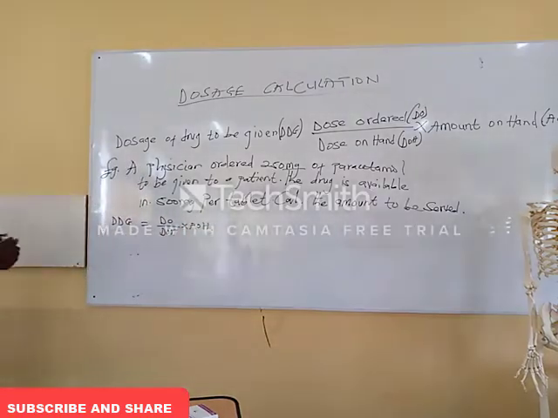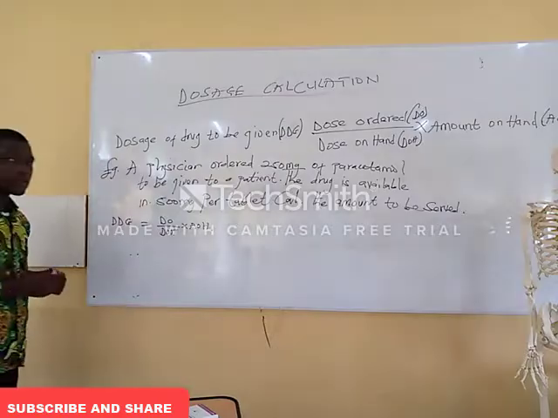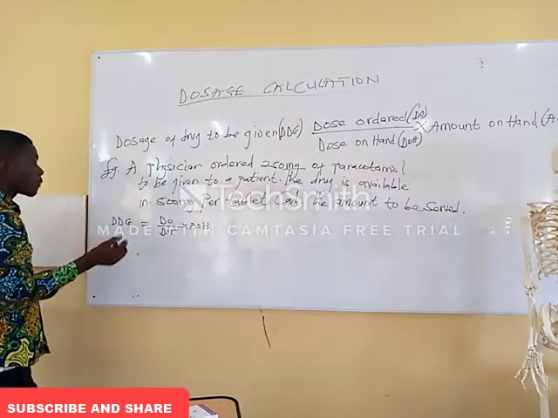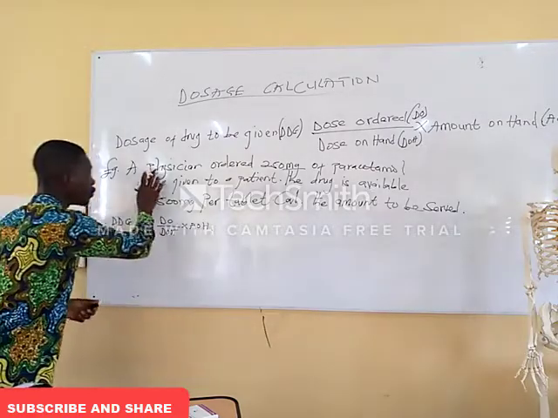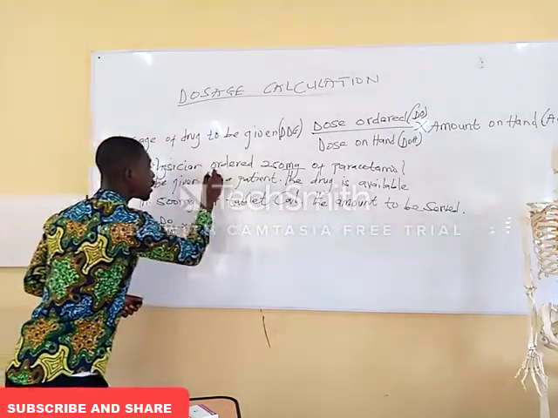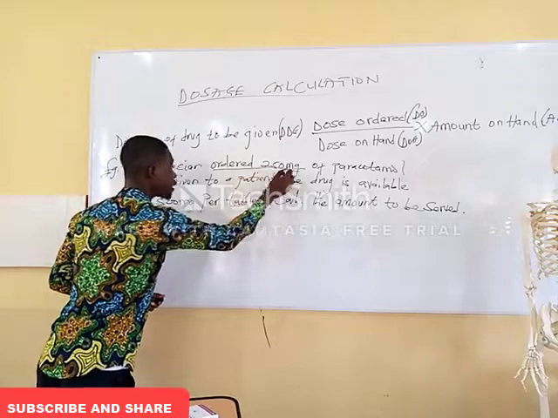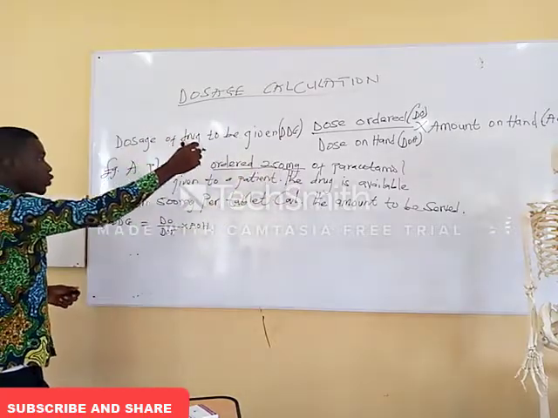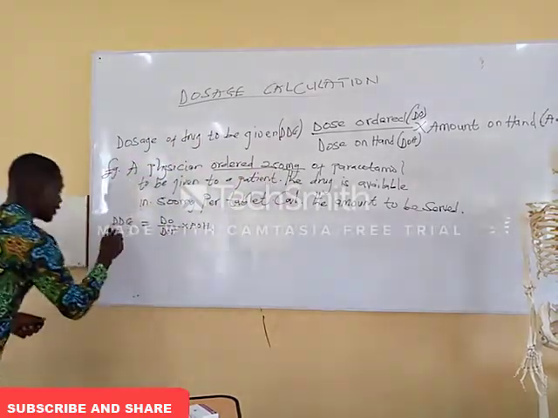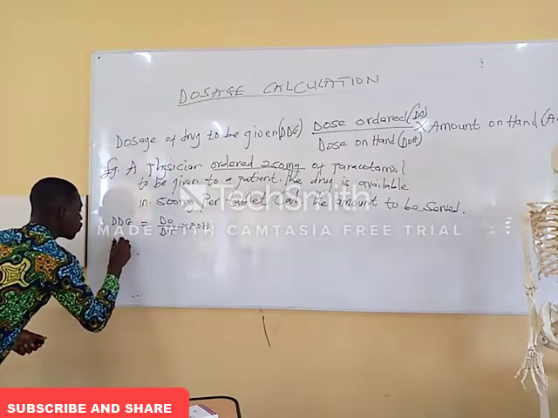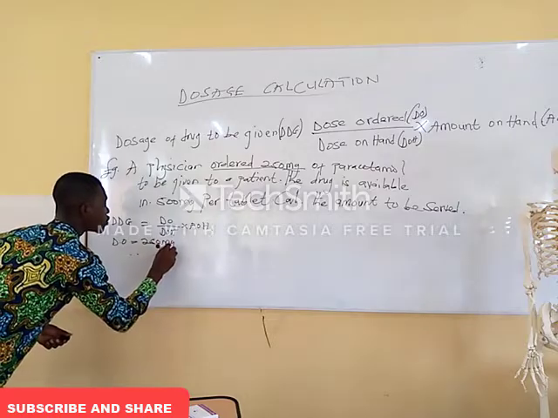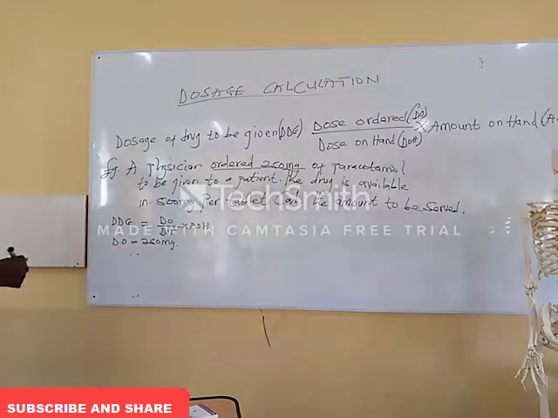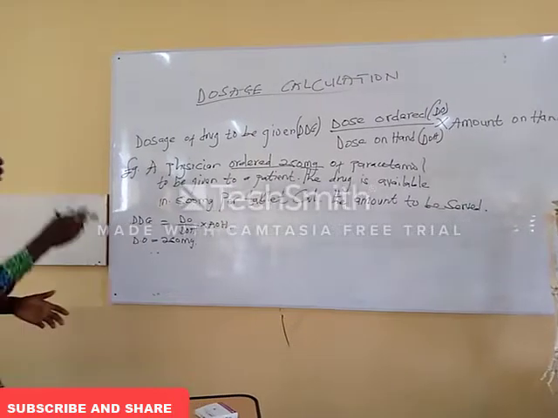I hope you are clear with this. So let's go to the formula. The dose ordered, looking at the question, a physician ordered; it gives you a clue. So the dose ordered here, DO, is equal to 250 mg of PMOL to be given to a patient.